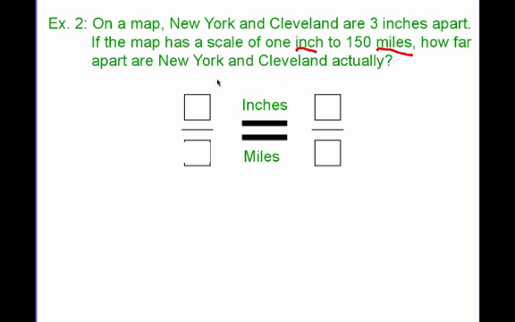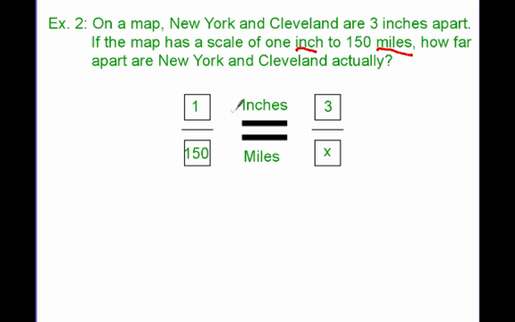Now we want to set up our proportion. The fraction where we know both numbers is 1 inch to 150 miles, so we set it up as 1 inch over 150 miles. They are 3 inches apart, and we want to know how far they are actually, so our missing space is the x. So we've got 1 inch to 150 miles equals 3 inches to x miles.